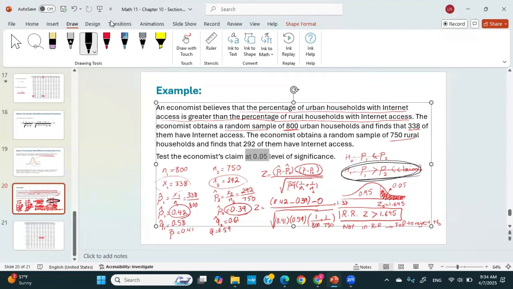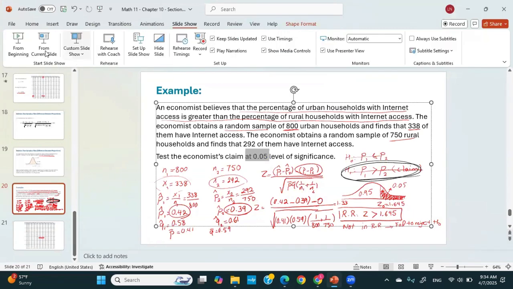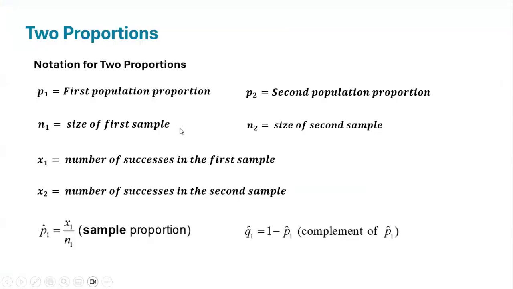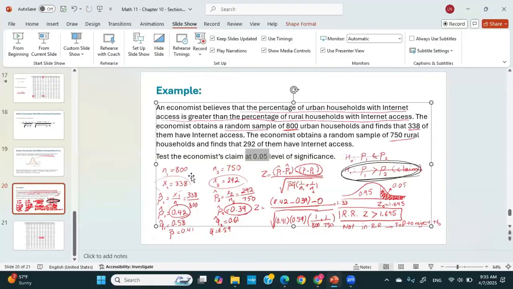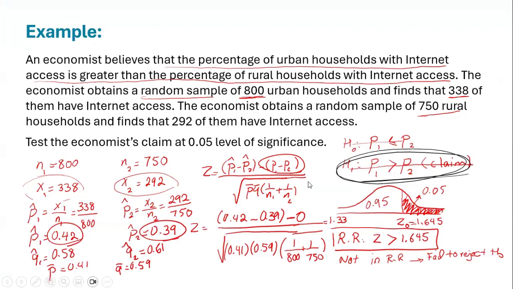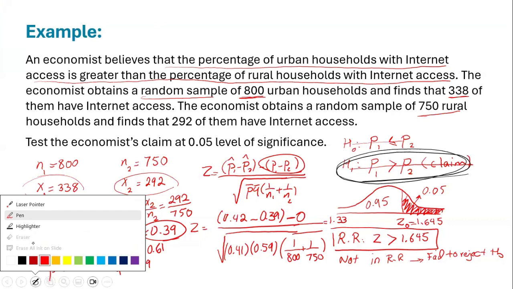How can we find the p-value manually? If you want to find the p-value manually, you need to find the test statistic first.